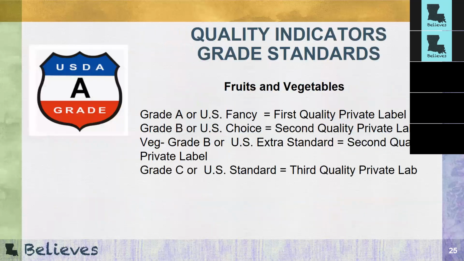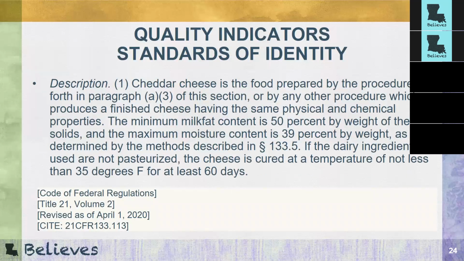As I was writing this presentation, I started looking at some of the quality indicators and realized that the Code of Federal Regulations is very specific in what each product must meet in order to be listed under that name. So I looked up cheddar cheese because I know cheese is a product that has cheese product, cheese spread.